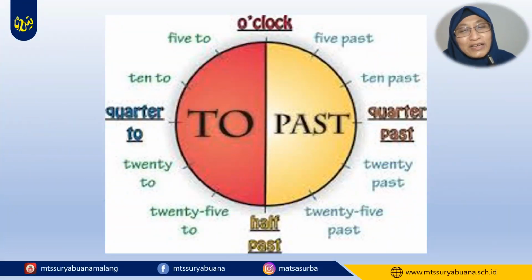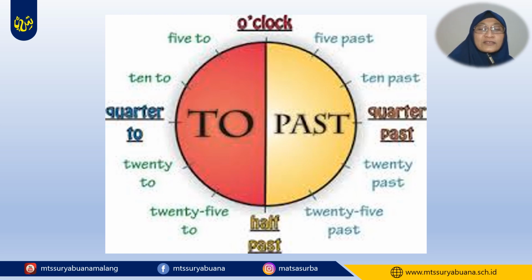Well, let's continue now. Pay attention to this picture. I hope this picture will help you to check what you have done on the 2 tasks. When the big hand is on number 12, we read the time as o'clock. When it's on number 3, we read this as a quarter past.